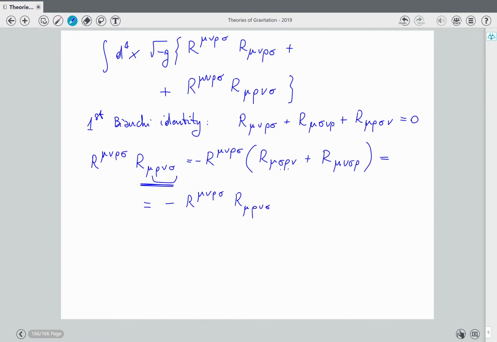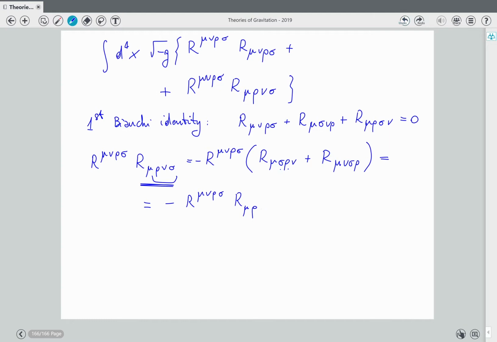Why? Because you can exchange rho and sigma and move rho here, you will get a minus sign because the other one is anti-symmetric. And so that moves sigma by one place there. And then you exchange sigma with nu, because they are third and fourth in the Riemann tensor at that point, and you have another minus sign.